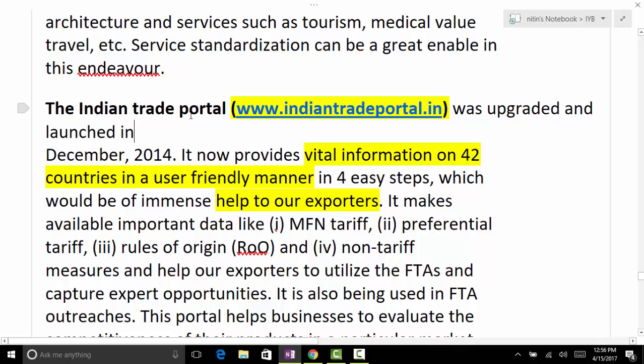Every piece of information is provided on this portal: to which countries we have signed FTAs, and what benefits you can derive under them, because even after signing an FTA, traders need information on how it is beneficial for them, how they can gain from this FTA, this CECA, this CEPA. All those vital information on these countries is provided on tradeportal.in. So again it will help in the facilitation of trade.